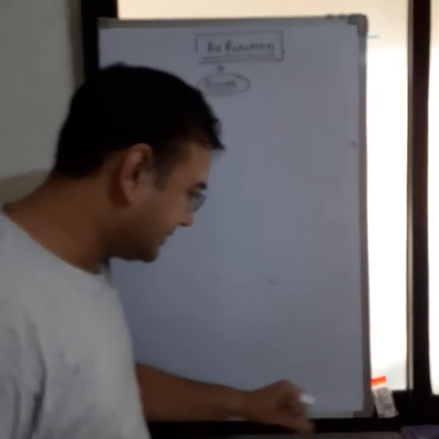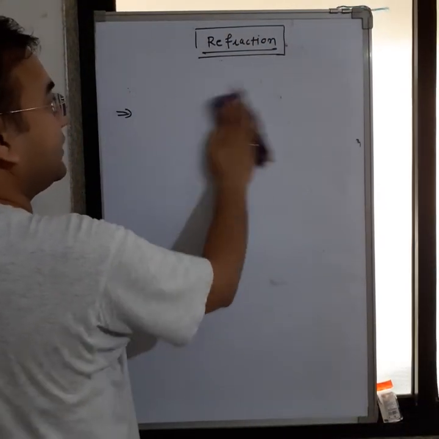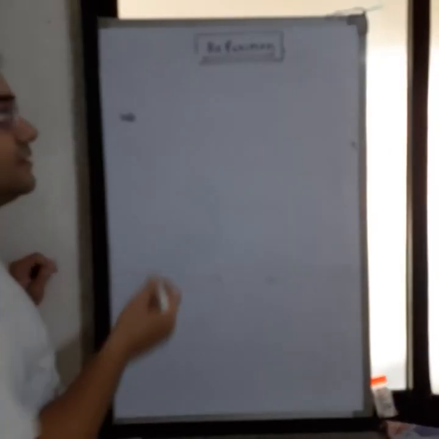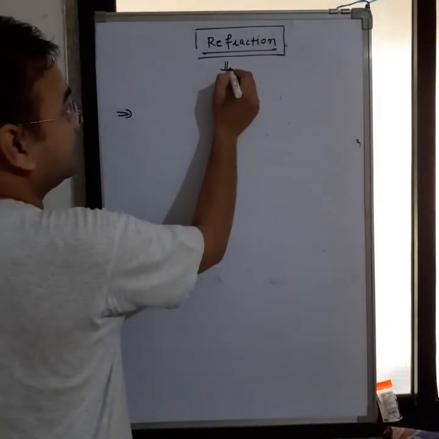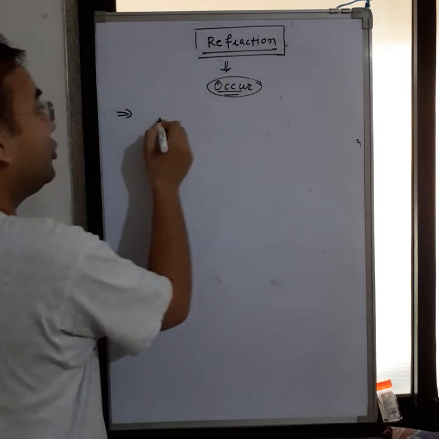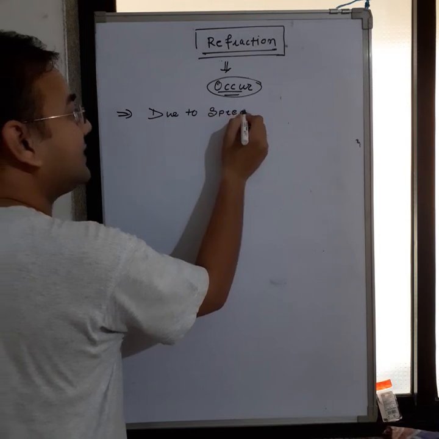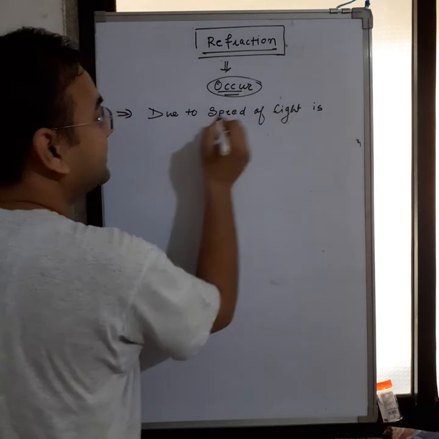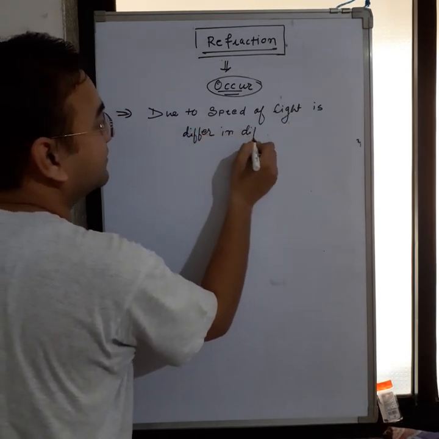Now students, let me start a few points regarding the refraction. What is the reason behind the refraction, why does it occur? Refraction occurs because the speed of light differs in different mediums.